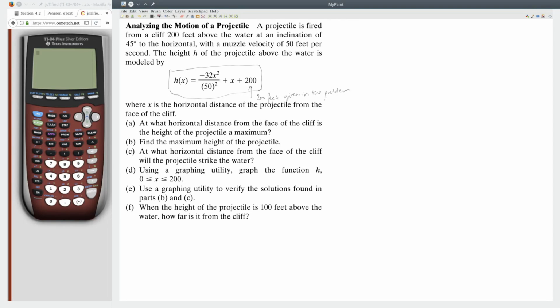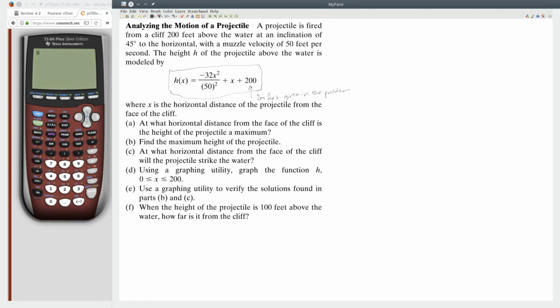So at what horizontal distance from the face of the cliff is the height of the projectile a maximum? So we want to know the position x where this height is maximum.